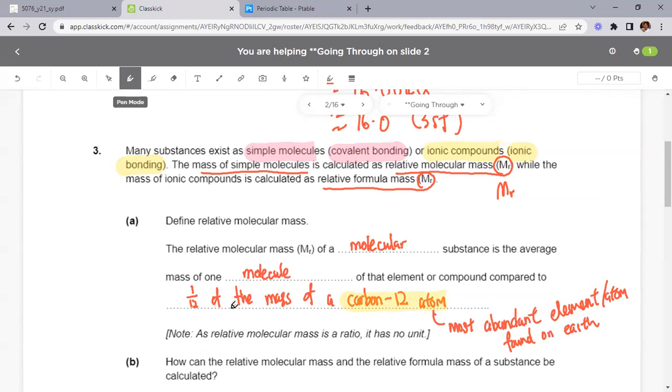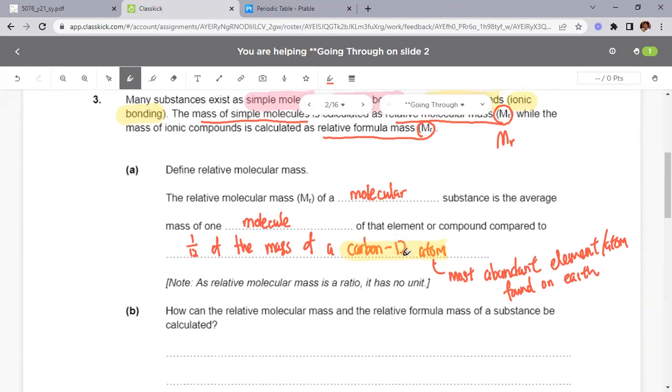That's why we always compare it to 1/12 of the mass of a carbon-12 atom. It is one of the most abundant elements on Earth, so that's the reason why we refer to carbon-12 as a reference point, and why everything is relative to it. So the relative molecular mass of a molecular substance is the average mass of one molecule compared to 1/12 of the mass of a carbon-12 atom.